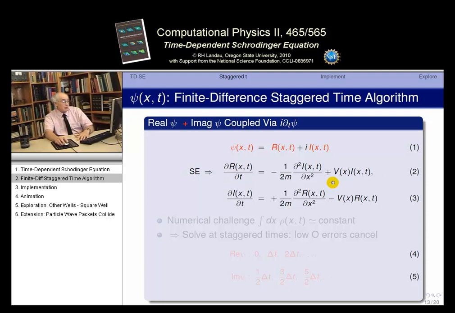And what you see is equation 2 here tells you that the time derivative of the real part of the wave function is determined predominantly by the Hamiltonian acting on the imaginary part of the wave function, and the time derivative of the imaginary part of the wave function is determined by the Hamiltonian acting on the real part. So they're coupled. So you simultaneously have to solve a complex set of coupled equations.